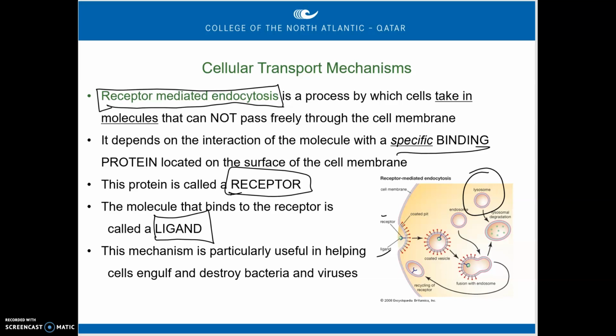Now, a way easier way to understand this is if you think about our immune cells. You think about our natural killer cells, our T cells in our immune system. They have binding proteins on the outside, and they bind to specific ligands, but we call those antigens. Say the receptors are specific for something like chickenpox.